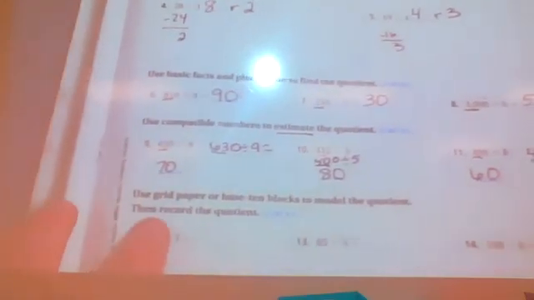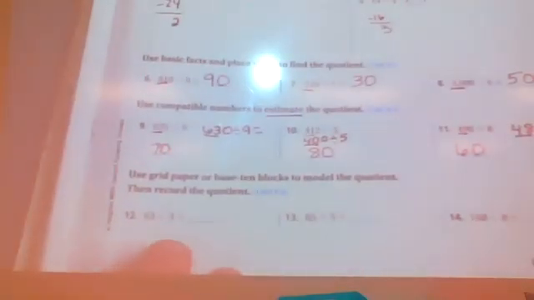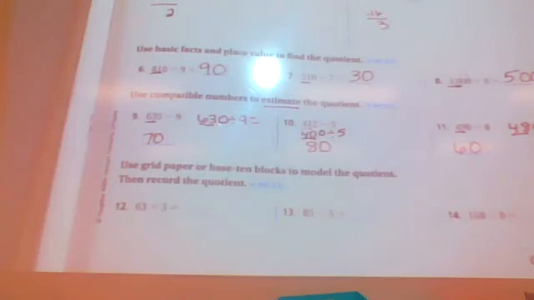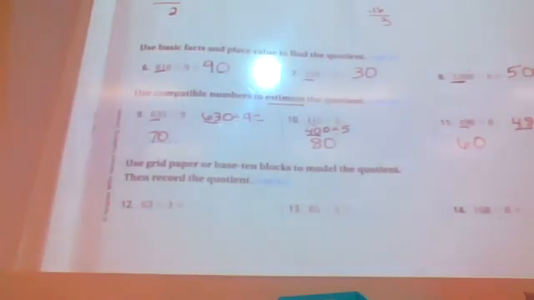Okay. It says use grid paper or base 10 blocks to model the quotient. Well, base 10 blocks are the ones that look like this.